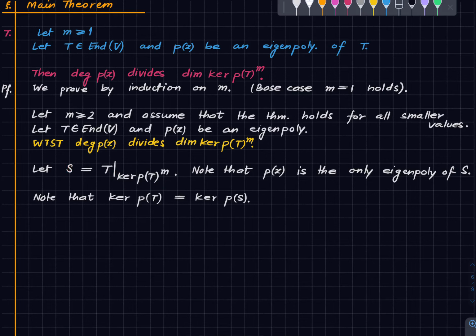But if you apply S to that vector, what do you get? You can apply Ps to that vector because it's here. But applying Ps to that is the same as applying Pt to that. So yeah, this holds. And this is an S-invariant subspace. Clearly, kernel of Ps is an S-invariant subspace. So maybe just one more line I will write and then proceed. Yeah, this also I leave you to argue. So this is an S-invariant subspace.